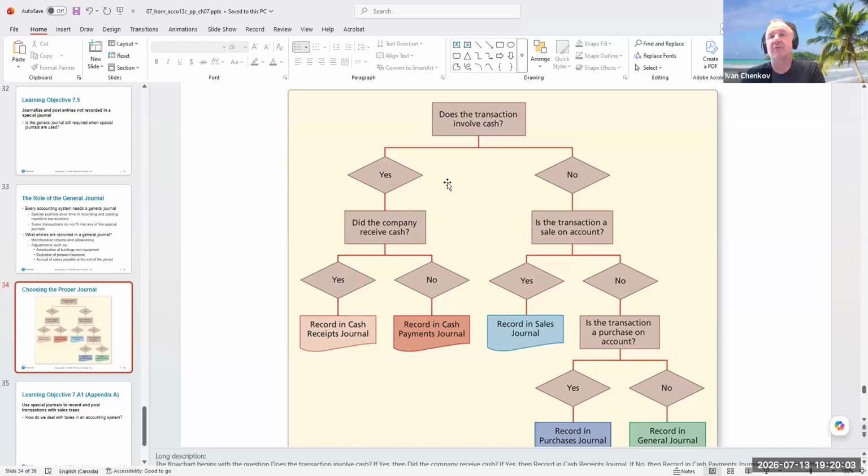This chart is available for you for the final exam question set. That's how it's going to help you identify which journal that transaction has to be recorded in the accounting software system.